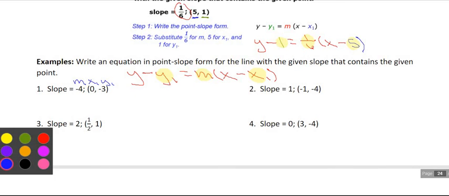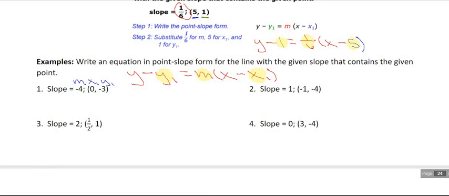So our point slope form of our linear equation here is going to say y minus y1, which is -3, equals m, which is -4, times our quantity x minus x sub 1, which is 0.